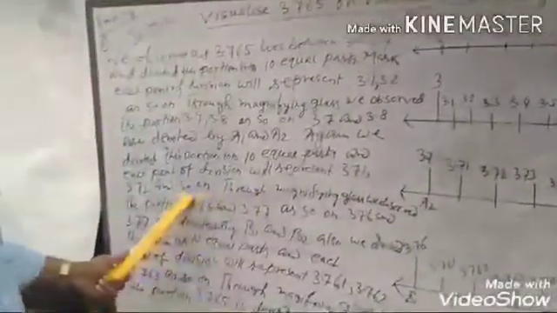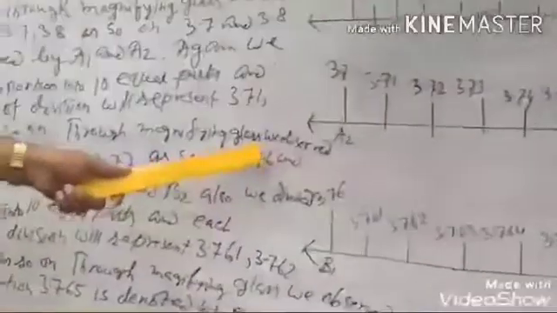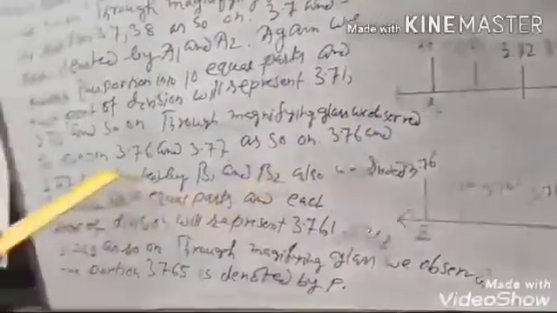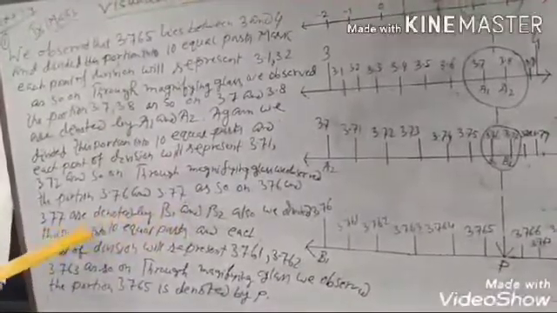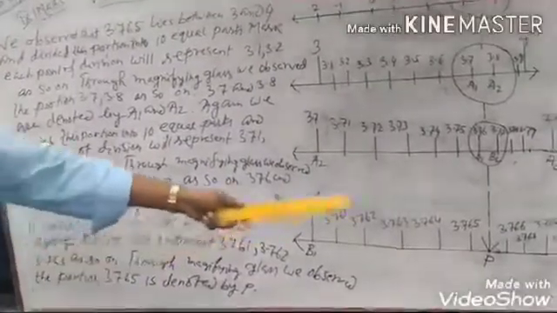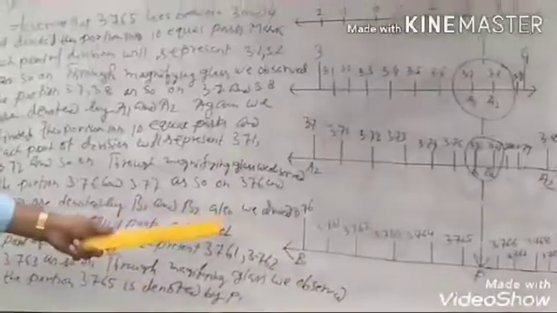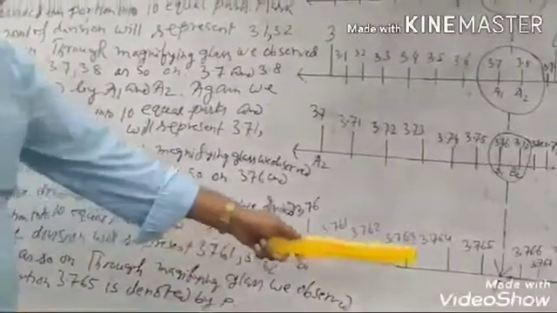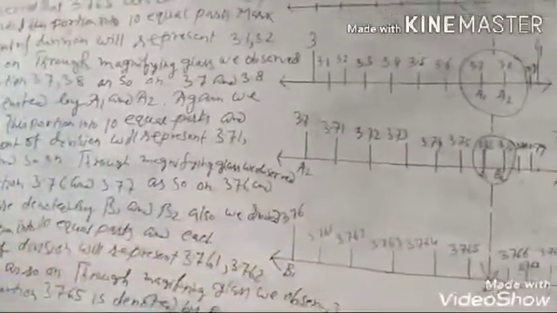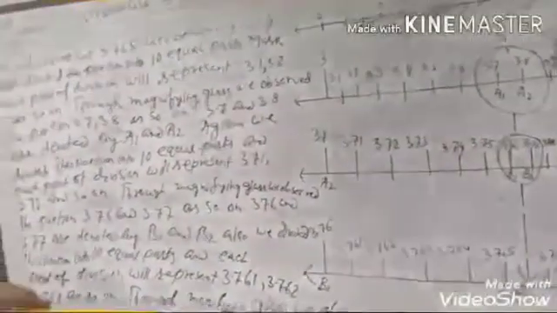Next, through magnification glass we observe 3.76 and 3.77. So 3.76, 3.77 are denoted by B1, B2. Also we divide the portion between 3.76 and 3.77 into 10 equal parts.